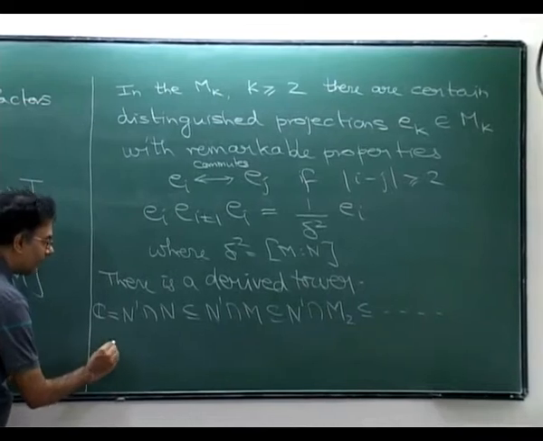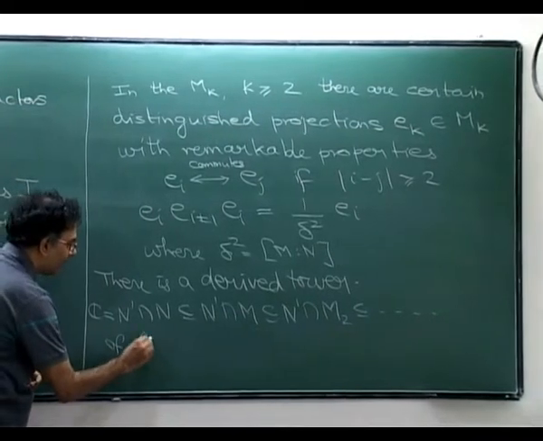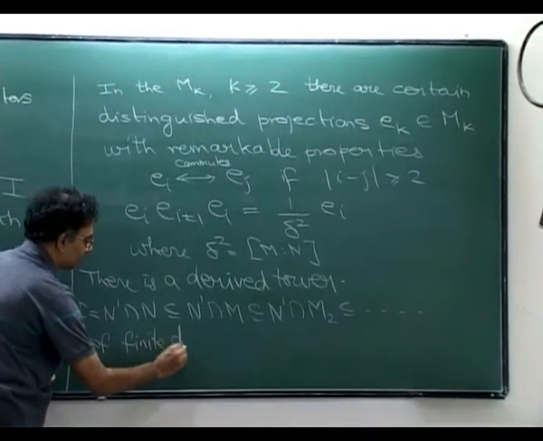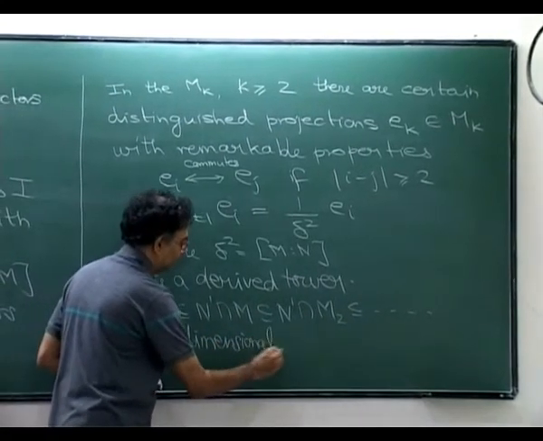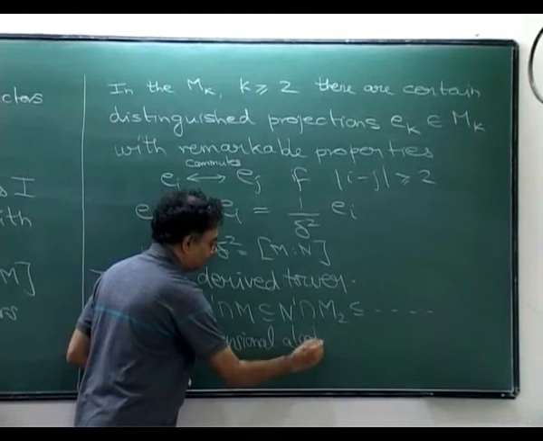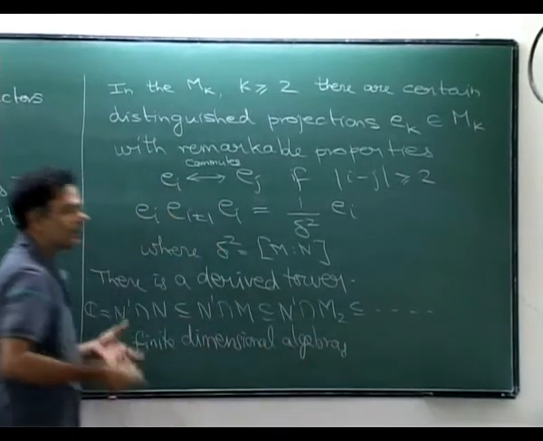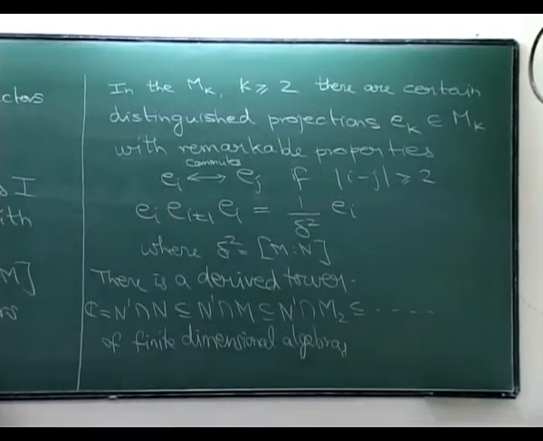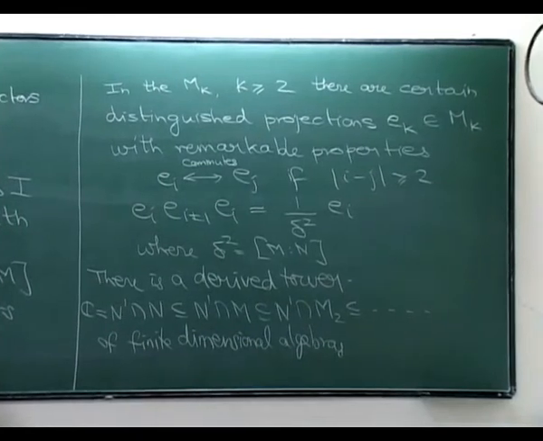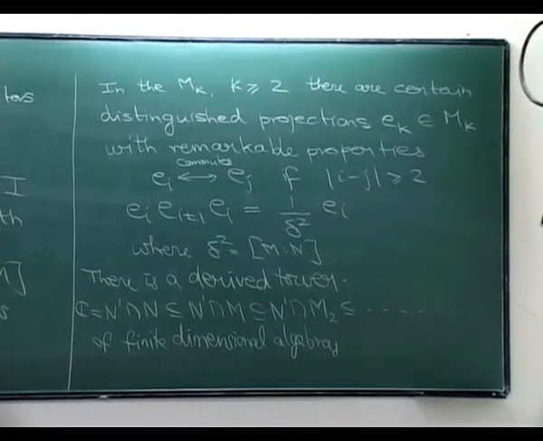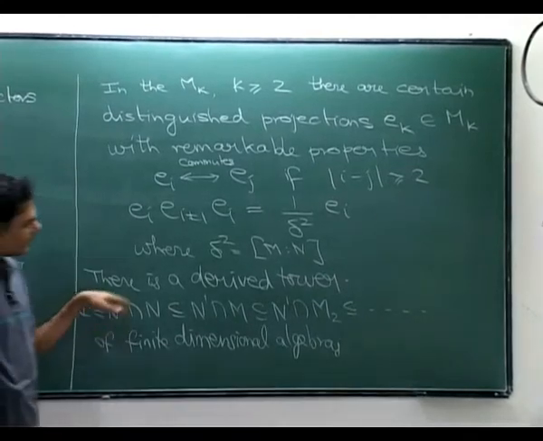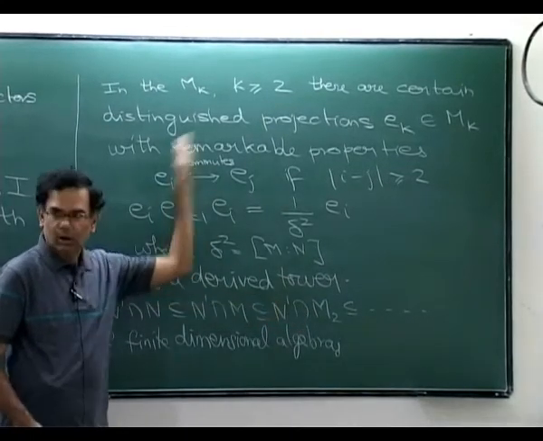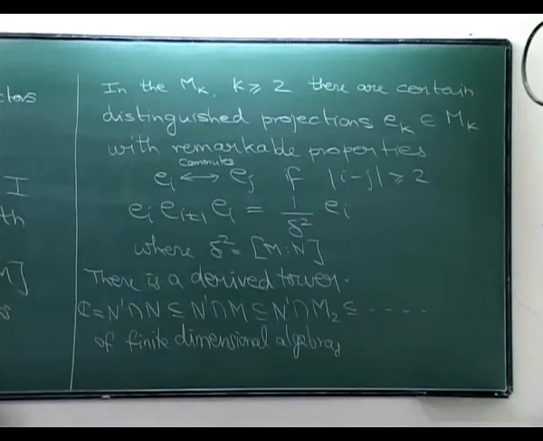There is a derived tower of finite dimensional algebras. So one would think, of course, that this is a much more manageable thing. So you just have finite dimensional algebras to deal with. So one would hope to be able to understand this in some way. And planar algebras exactly encode all this information in some other form.